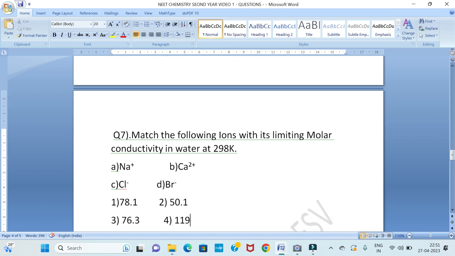Match the following ions with their limiting molar conductivity in water at 298 Kelvin temperature.